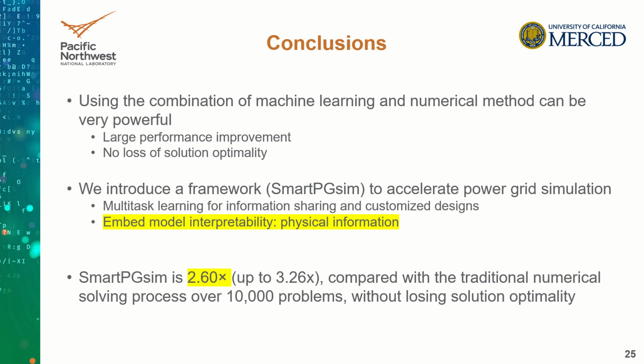And from a performance perspective, SmartPGsim achieves a 2.6 times speedup and up to 3.26 times speedup compared with the traditional numerical solving process, over 10,000 problems, without losing the feasibility and the optimality of the final solution.